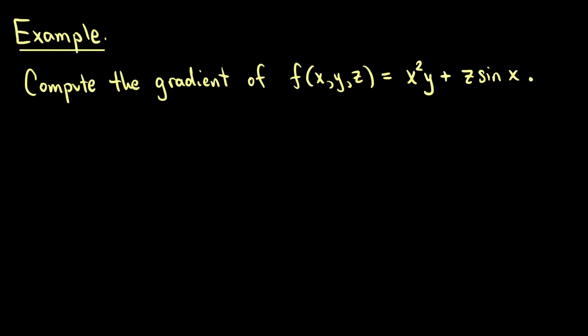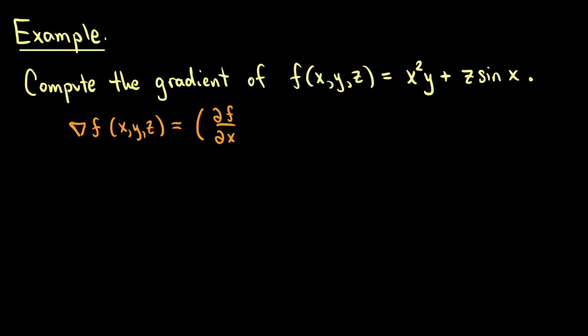Let's see an example. Now I have a function in 3 variables. F goes from R3 to R, and I want to compute the gradient of f. So it's equal to x squared y plus z sine x. Okay, so the gradient of f at the point x, y, z is, first, the partial derivative of f with respect to x1, or x.